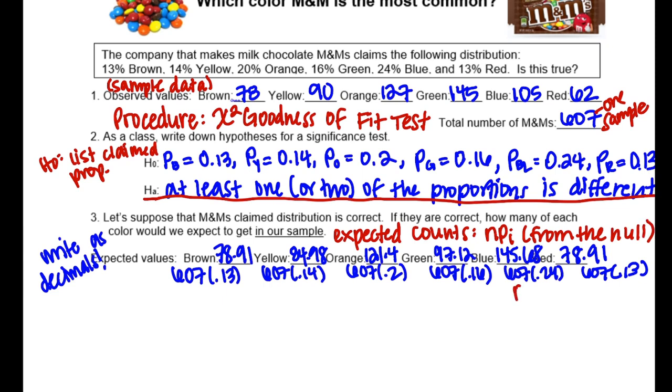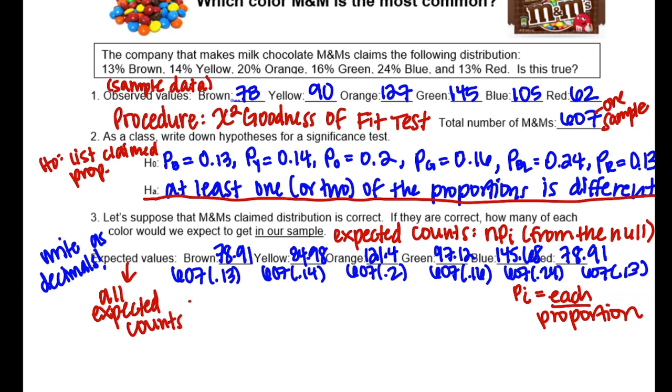So a P with a little i stands for each proportion. And the rule is that all expected values should be at least 5. And so do not round them.